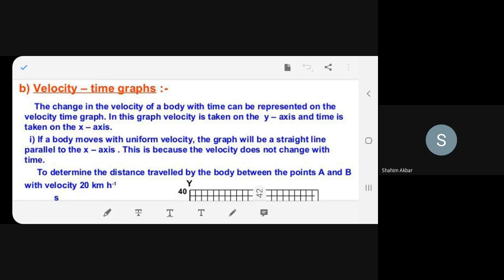The change in the velocity of a body with time can be represented on the velocity time graph. In this graph, velocity is taken on the y-axis and time is taken on the x-axis. So what you should remember always, time is always on the x-axis. There should not be any doubt about it.